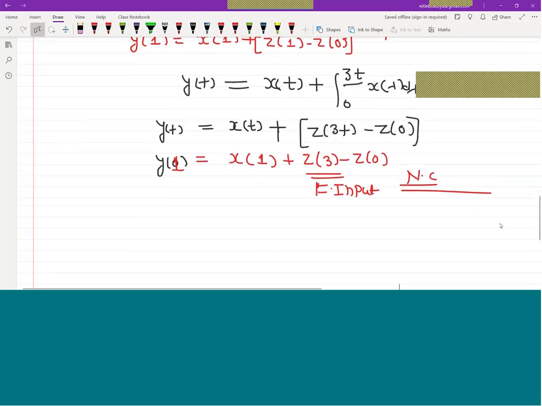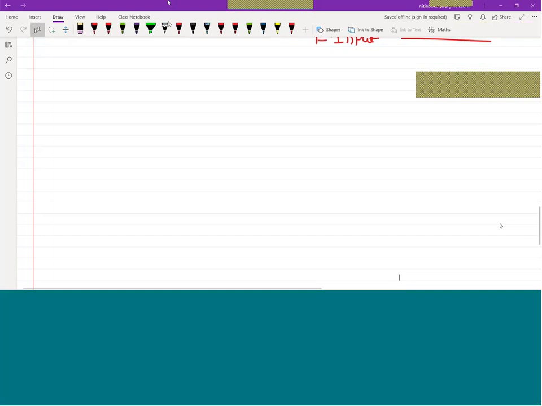The next characterization of system is stable and unstable system.